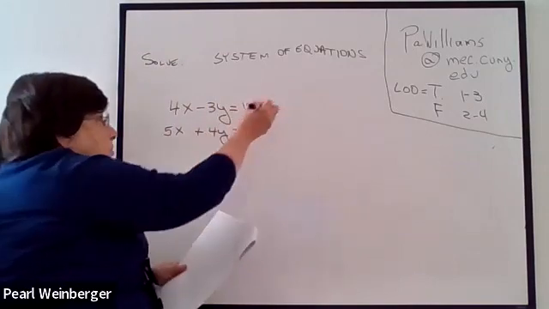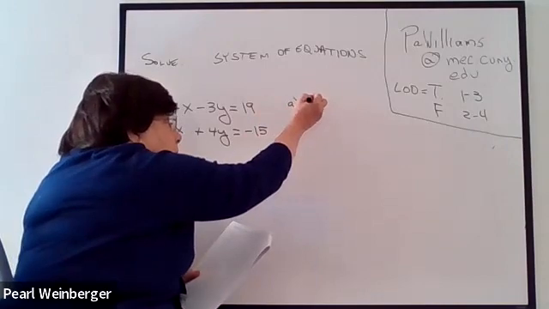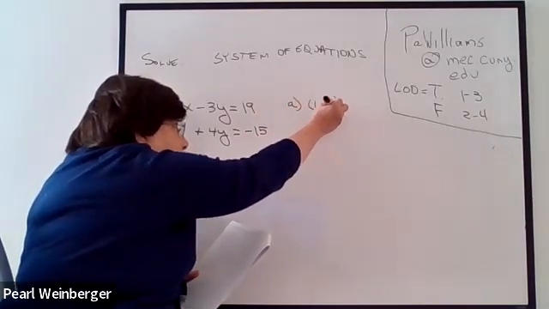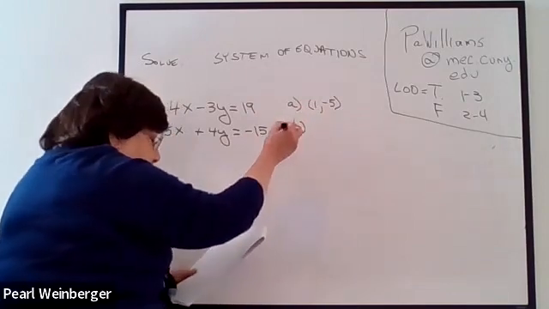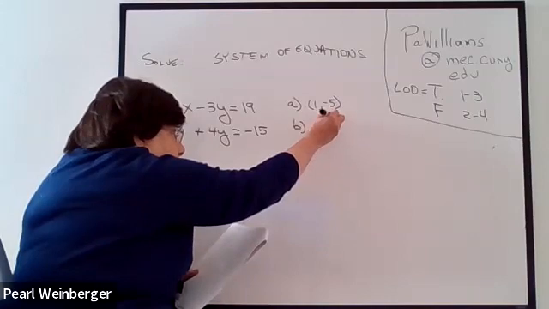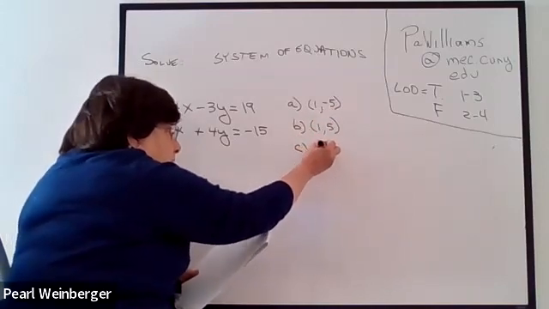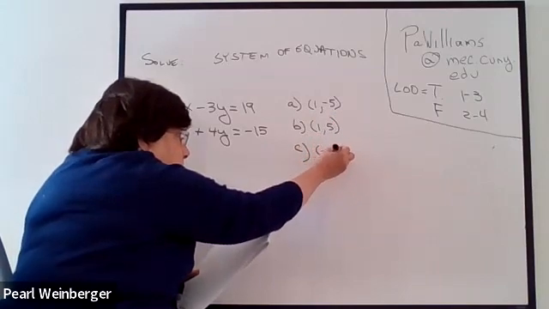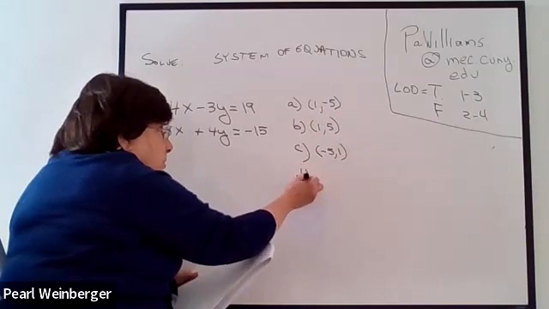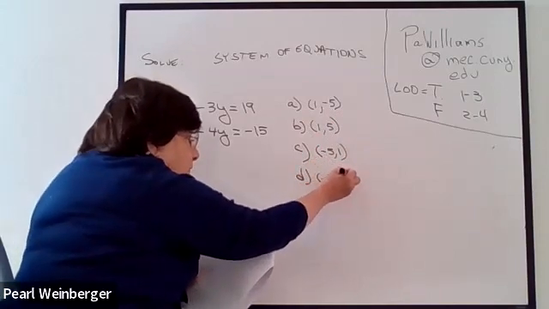And here are the choices that they're giving me as answers. Choice 1, 1, -5. 1, 5 is our second choice. -5, 1 is our third choice. And our fourth choice is -1, -5.